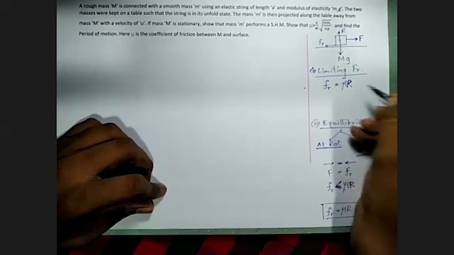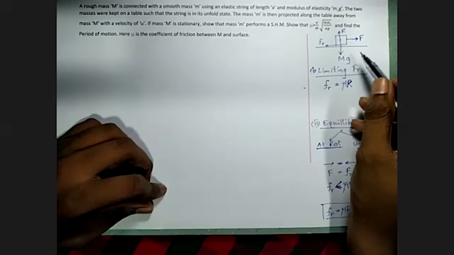Under limiting friction, F is equivalent to the maximum friction, which is the product of mu R, because limiting friction is the maximum frictional value that a contact surface can take. Limiting friction is the maximum value of friction.